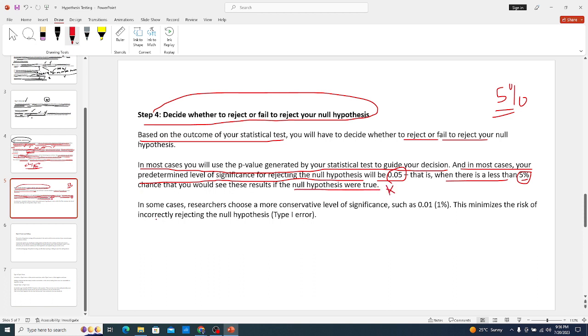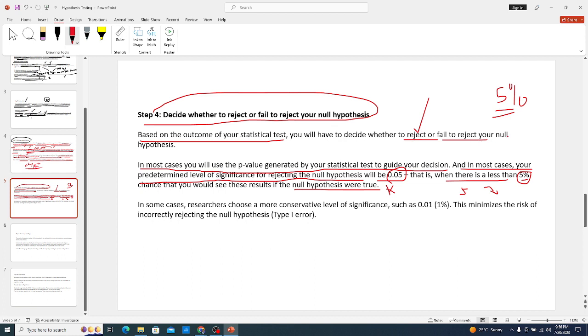Okay, what about in case our p-value is greater than 5%? Then in that case we'll have to reject the null hypothesis in order to support the alternative, that is the alternative hypothesis.